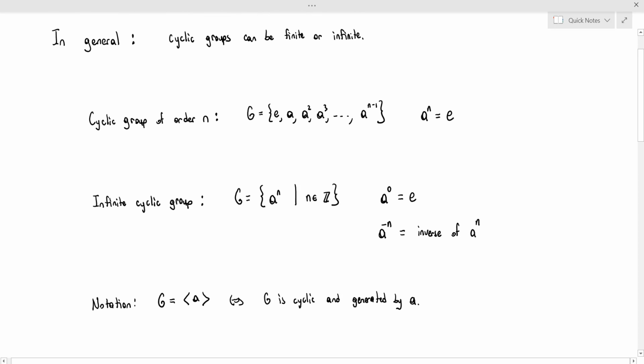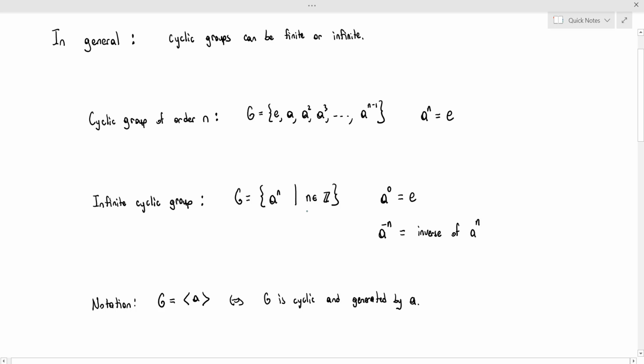Now you can also have an infinite cyclic group. So in such a case, if A was the generator of G, and if G was infinite cyclic, then it would just consist of all integer powers of A, okay?